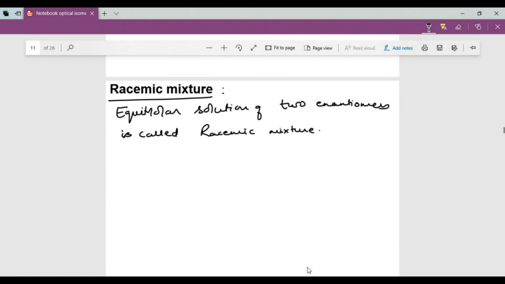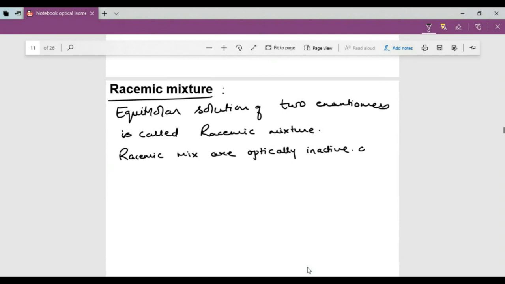So overall, the light remains undeviated, and therefore the overall activity of the solution is zero. So racemic mixtures are optically inactive.